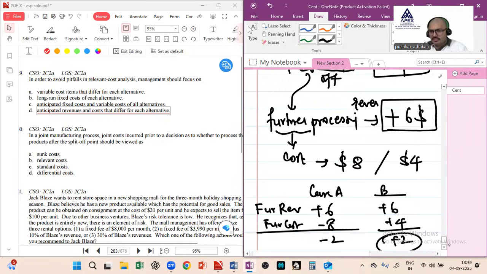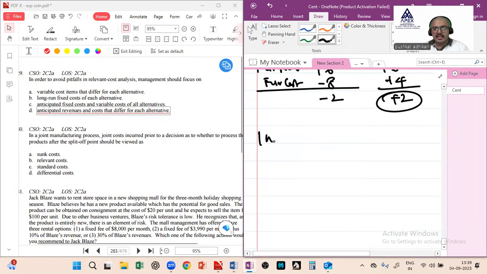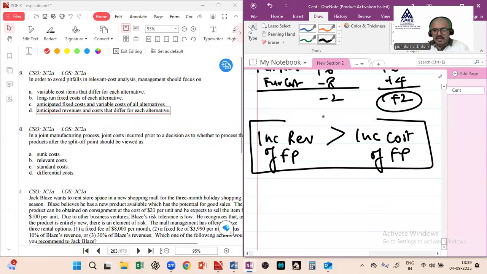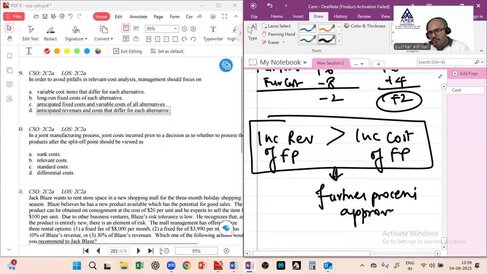Yes, because I'm making a profit. So please understand that incremental revenue of further processing has to be greater than incremental cost of further processing. If this happens, you will go for further processing, and it will be approved. This is something that you need to understand.